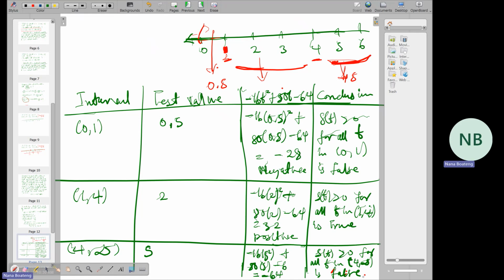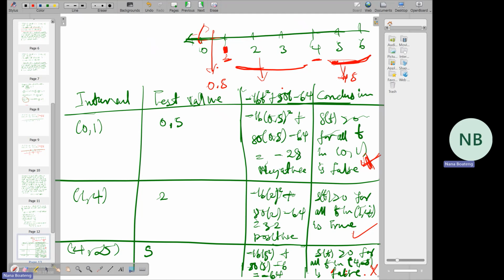So this statement is false. That means our solution set will be made up of only the values between 1 and 4. The statement is false here, so this will not be part of our solution. The statement is true here, and it is also false here, so this will also not be part of our solution.